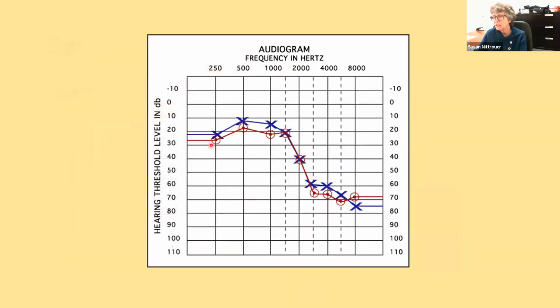Okay, and then finally, this is a pretty common audiogram, especially for older patients. As we're going to see, age-related hearing loss takes hearing away in the high frequencies before the low frequencies. It's also indicative of an individual who might have a hearing loss due to chronic otitis media as a child, or ototoxic drugs.